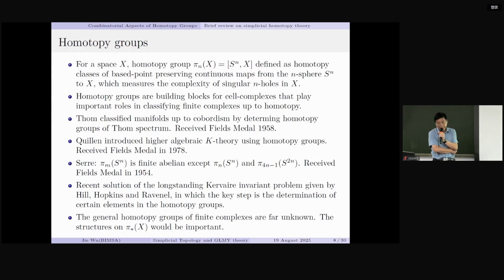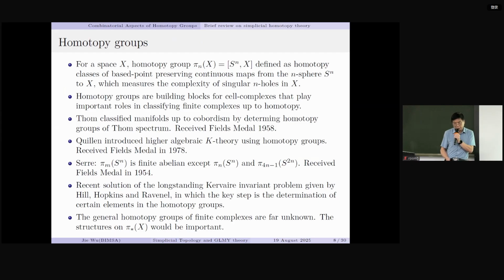Now, recently you can see the solution of the Kervaire invariant one problem by Mike Hill, Mike Hopkins, and Doug Ravenel. They had to handle some special elements in homotopy groups, or they say the higher differentials in the Adams spectral sequence. Okay. Now, also the structures of the homotopy groups of finite complexes will be important.